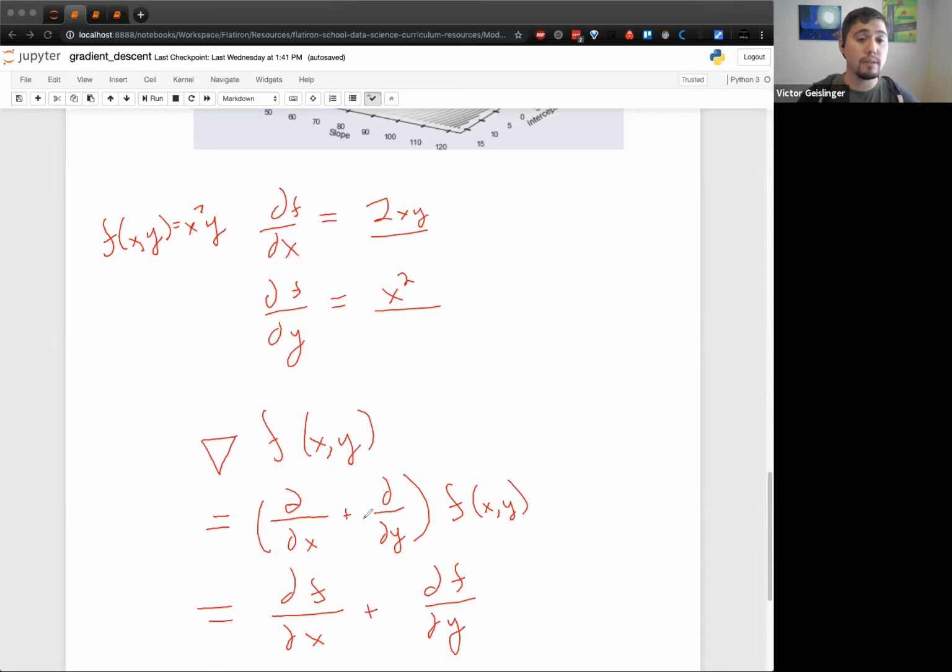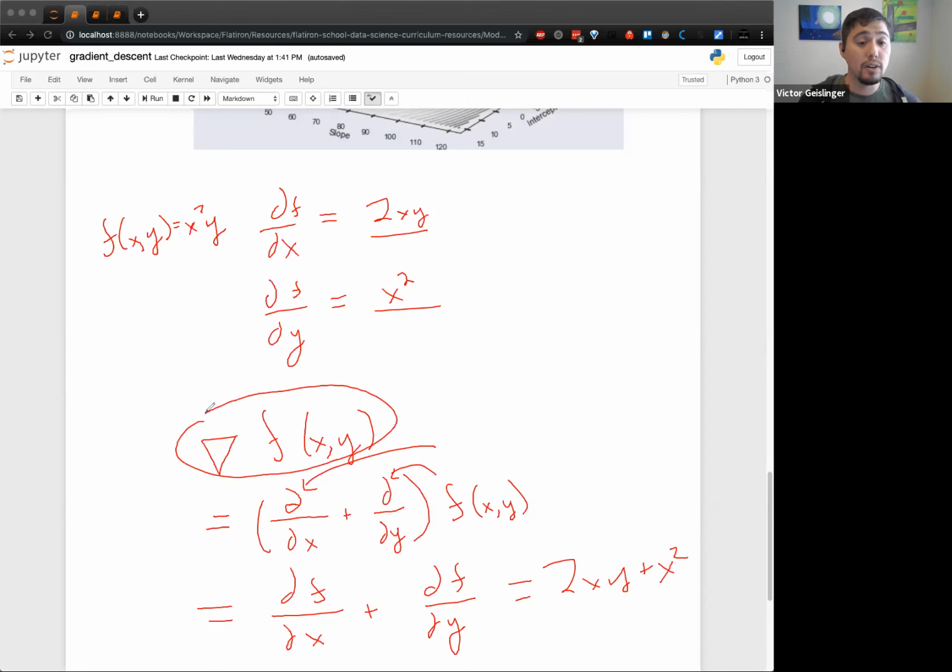Basically, you imagine distributing it over here. And once we have that, we know what these parts are, that's simply 2xy plus x squared. And there we go. That's our gradient of f of x, y.